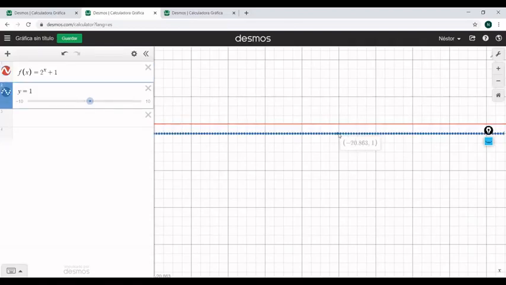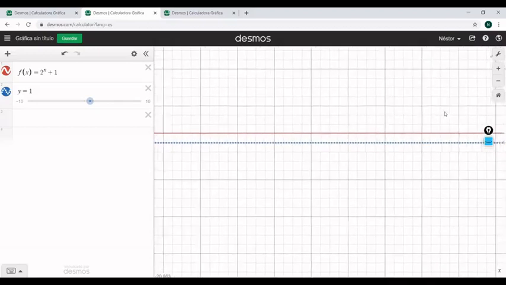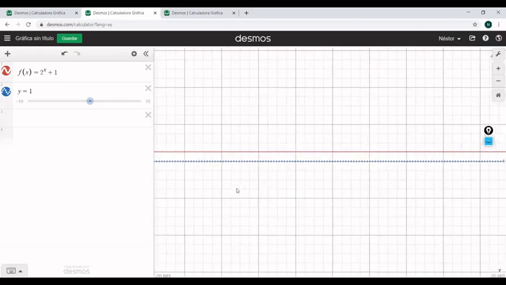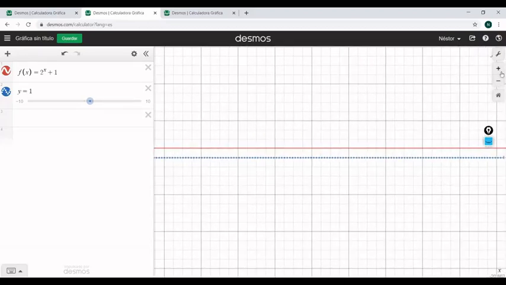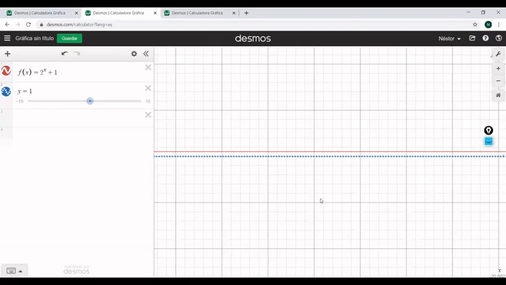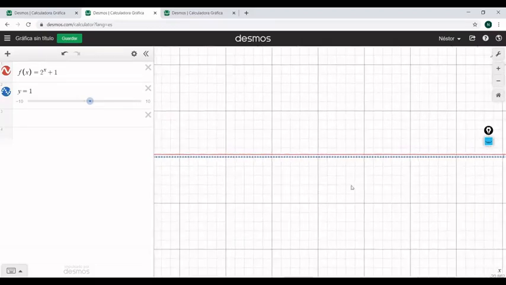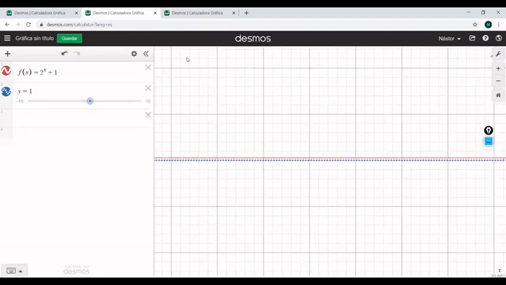This is the value of 1. This cannot be 1. But since the computer doesn't have that much power, any computer, they are finite machines, they're not showing me the difference. But you get the idea. So that's what we mean by horizontal asymptotes.